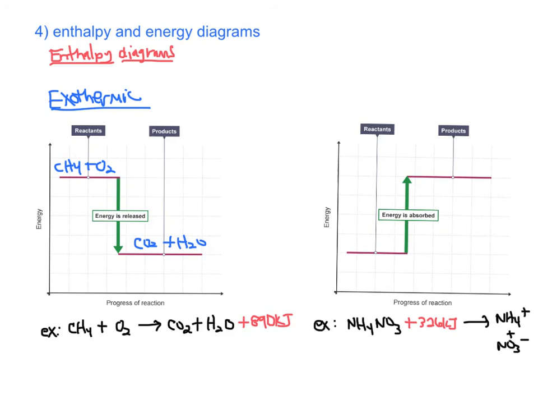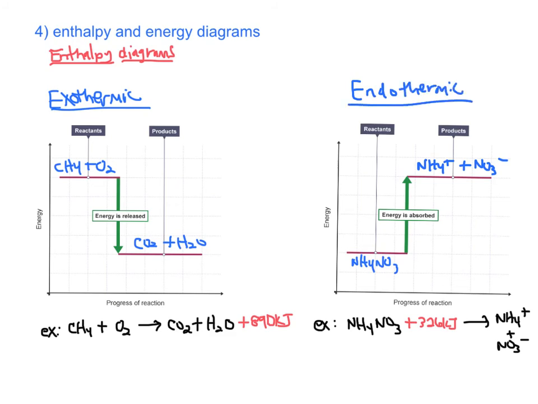And this enthalpy diagram shows your reactants, for example, your NH4NO3 in a cold pack, having to absorb energy in order to become NH4 plus in this case and NO3 minus. So this is an enthalpy diagram for an endothermic reaction.